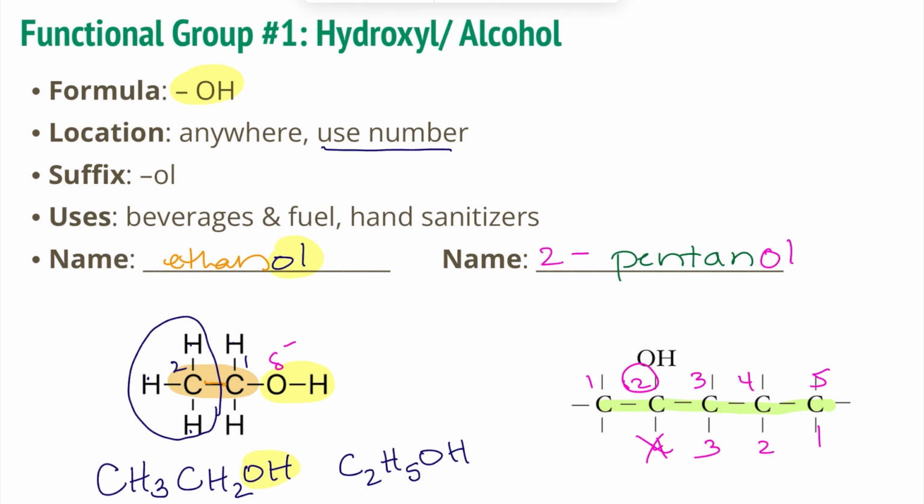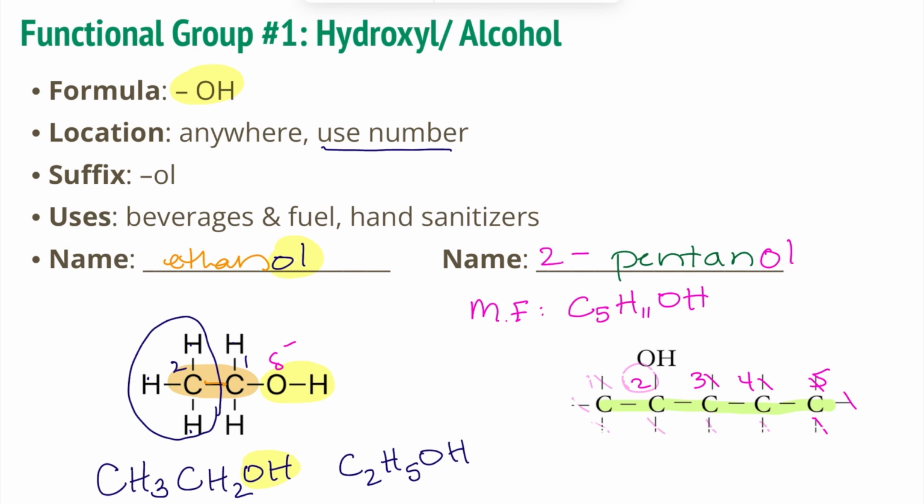If we were looking at writing out those compounds, for the molecular formula I would say C5H11, and then that OH would be on there. We always see that OH grouping, even if we are doing a molecular formula.